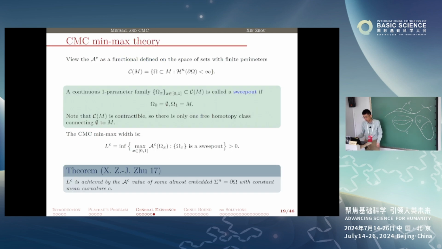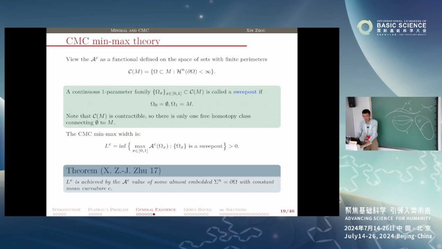And Jonathan and I mainly prove that this min-max number is achieved by some almost embedded boundaries with constant mean curvature c. So we build up this regularity theory in our early paper, and in a later paper, we check that it's achieved.